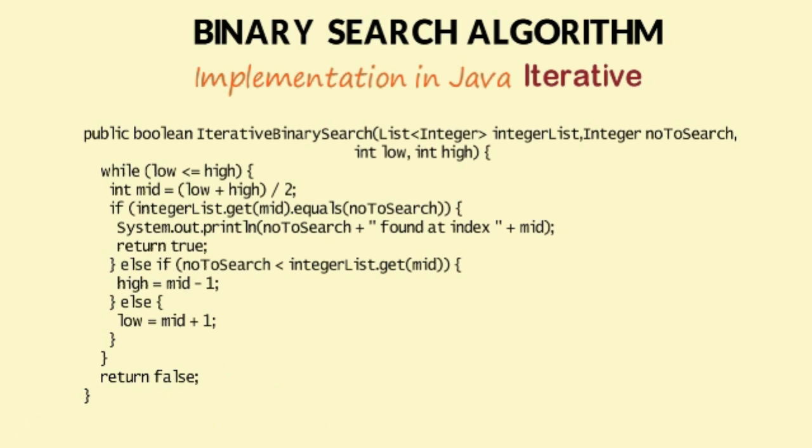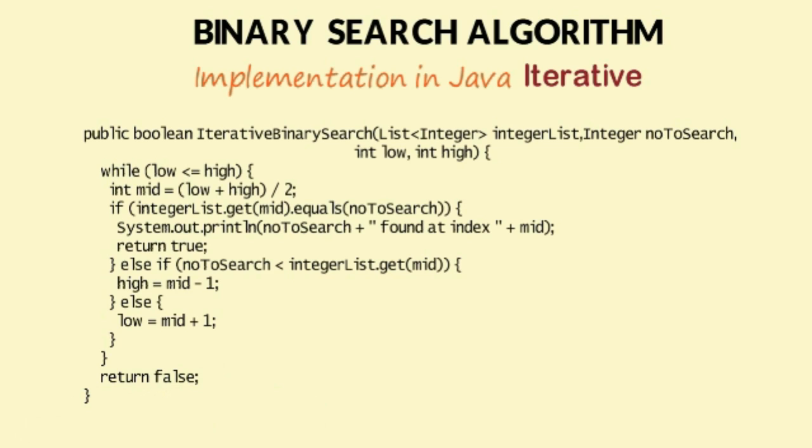Else we see whether the number to be found is less than the element at mid position, in which case we know that we have to eliminate the list to the right of mid including mid, so high becomes mid minus 1, or the last case remains, the last else, as per which the number to be found is greater than mid, and so low is moved to mid plus 1 as we saw in the animation as well.